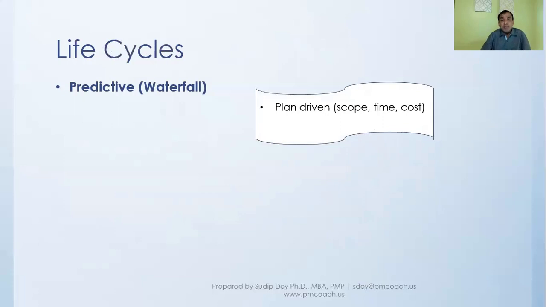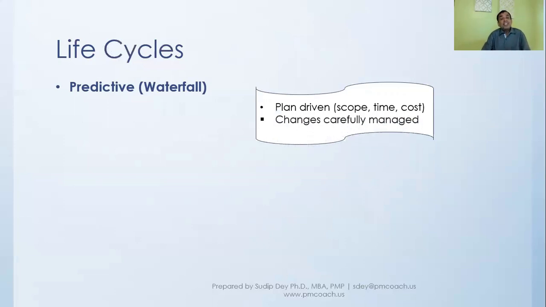So what really happens here is one of the big assumptions in the predictive or waterfall methodology is that we know exactly what we need, and we don't expect anything to change as we move through the project. And so it is more plan driven. We have a very tight plan in terms of scope, time, and cost, and then we move through the project.